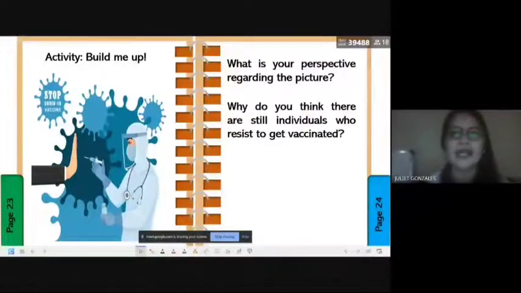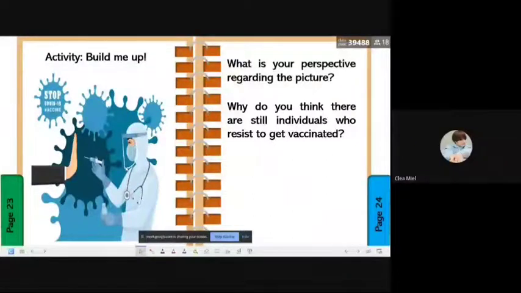Very good. Okay, next. Why do you think there are still individuals who resist getting vaccinated? What do you think are the reasons? Yes, Clea Mail. Wow, very participative. I think they don't want to get vaccinated because they're maybe afraid or they still don't believe in the virus or certain things like that.